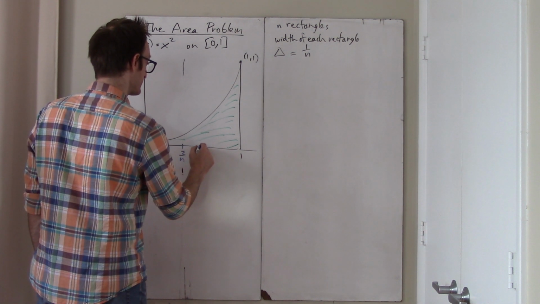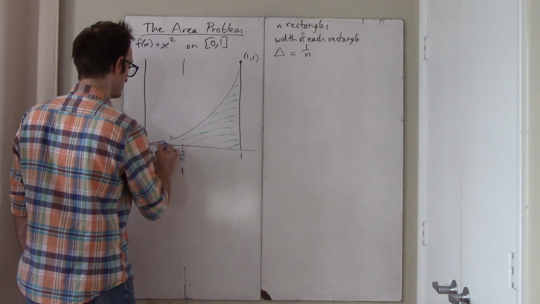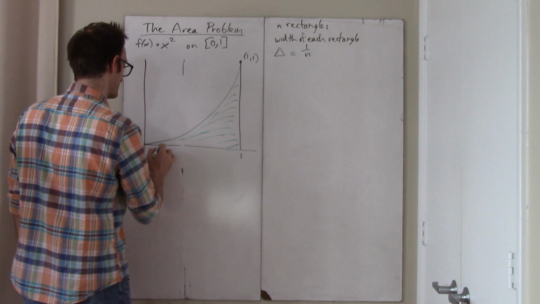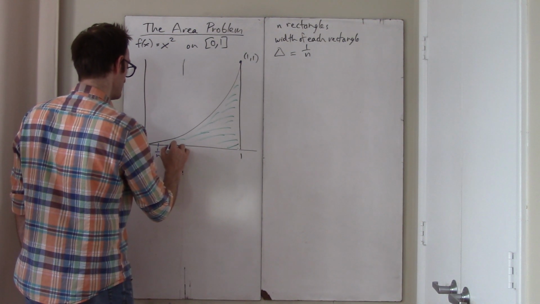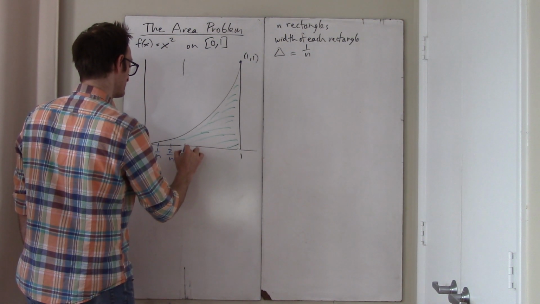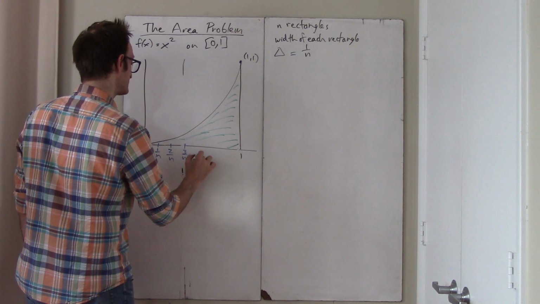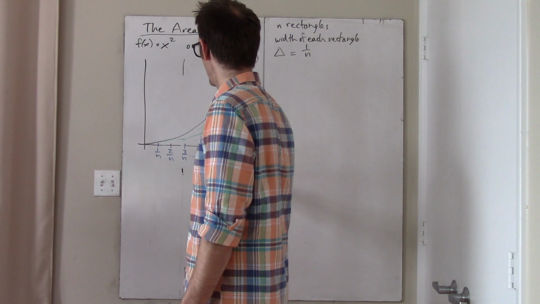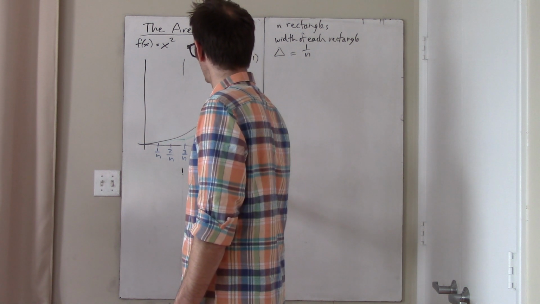Then, hold on, gotta think deeply about my limited space here. Okay, so 1 over n, 2 over n, 3 over n. And I'm going to skip ahead to a generic rectangle, i over n.